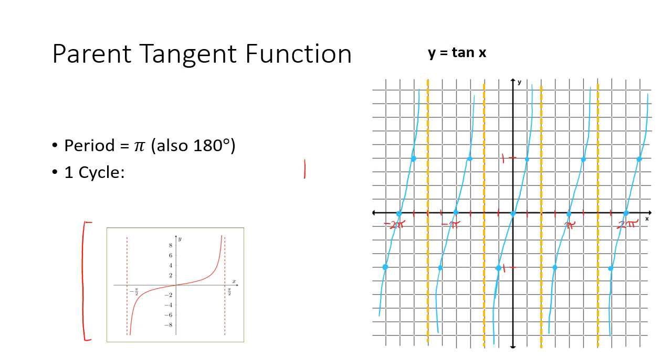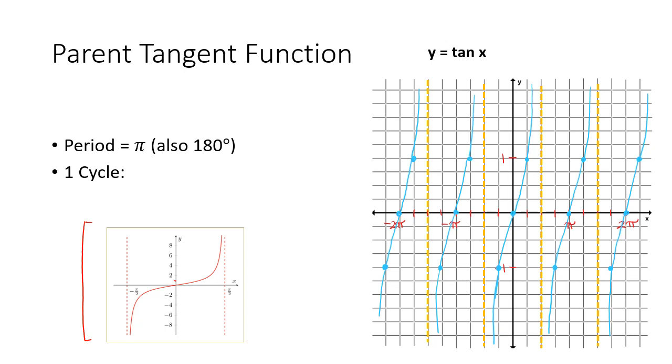Mine look more like barely curved lines, but that's because I'm using a scale where every unit is a quarter, 0.25, whereas this has a very different scale. Notice our scale of 1 is showing all the way up to 8 on this y-axis. So if we zoom out, we see a much more severe curve to our tangent line.